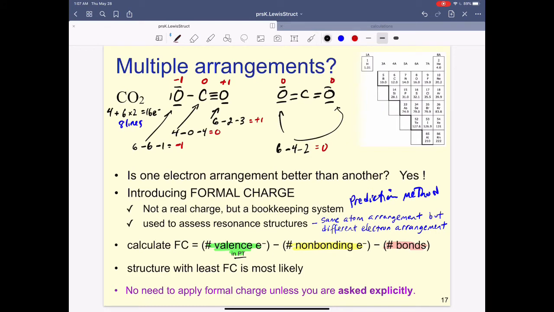The carbon in the middle, carbon has 4 valence electrons, there are no unshared pairs, minus 4, lo and behold, we'll end up with a value of 0.